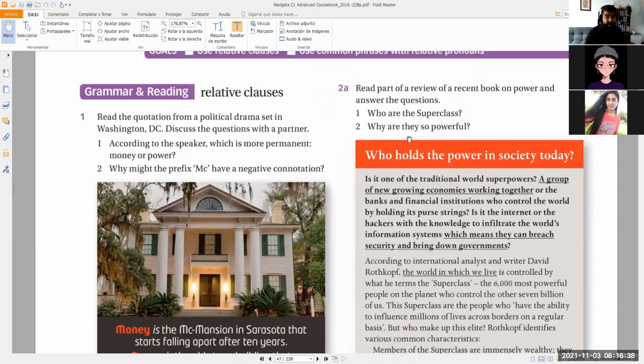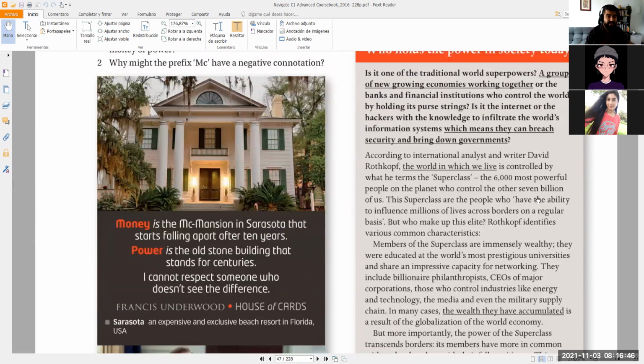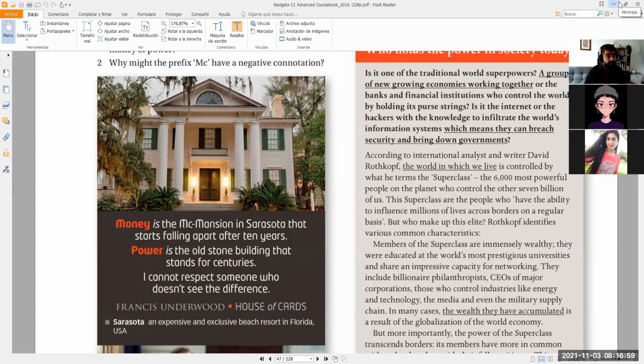But okay, apart from that, we sort of understand who they are, but a question now would be, why are they so powerful? So guys, according to the text, what do they say about why this superclass is so powerful? What would you say? Yes, Felipe, please. Yes, teacher.